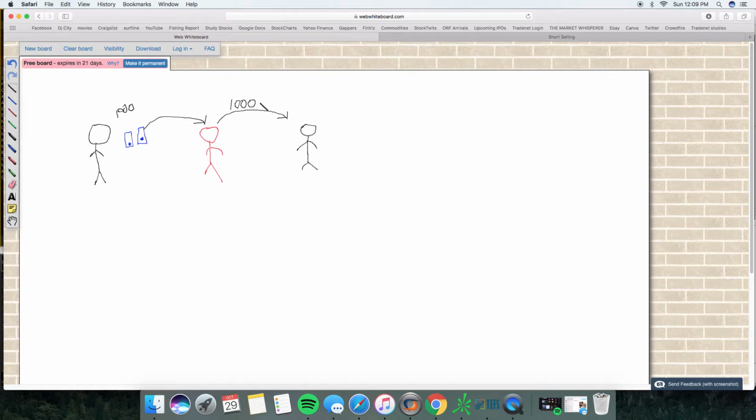So the price of the phone goes down to $700. So now what you do is you end up buying the phone for $700, and the phone comes right back to you, and then you turn around and just give it back to your friend.